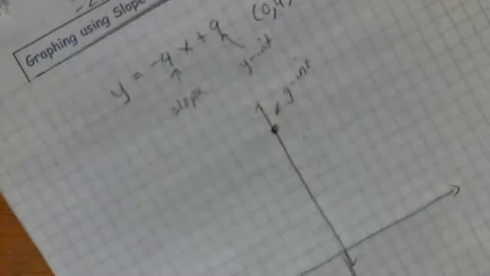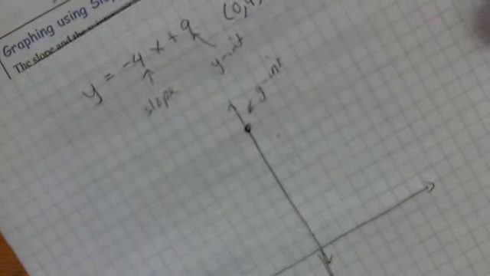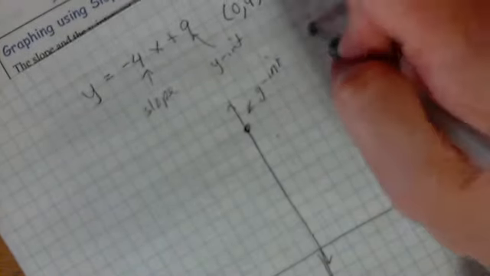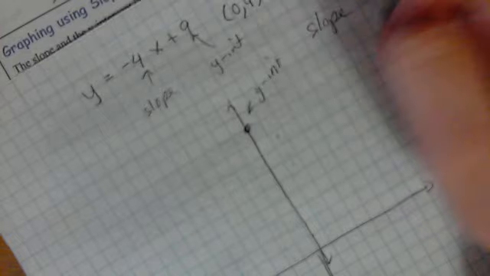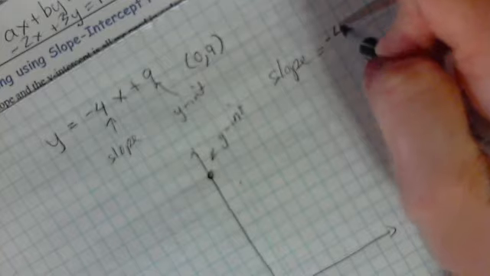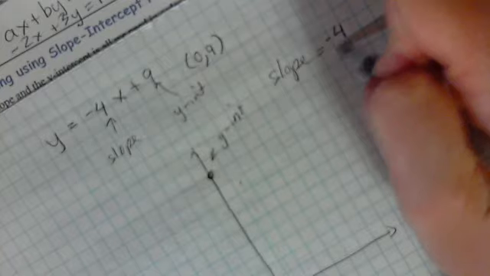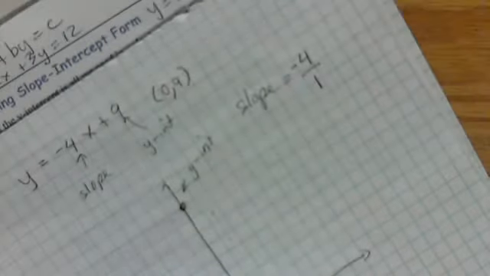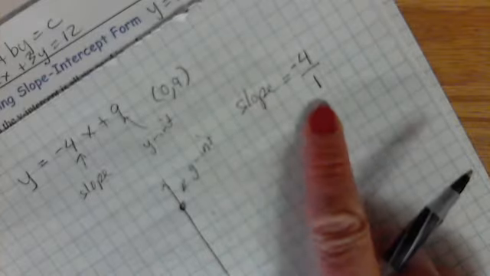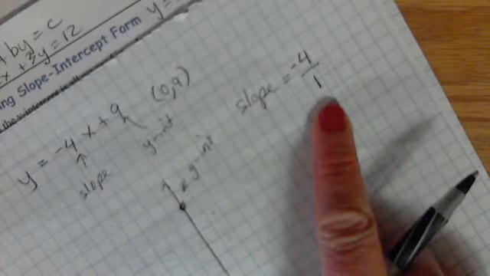Now all I have to do is use the slope to put more points on the graph. Because remember what the slope does. It determines the steepness of the line, and it is rise over run. So the slope for this equation, being negative 4, means that it drops, it doesn't rise, it drops 4 every time it runs 1. I can always put a number 1 underneath an integer slope that's not already a fraction.